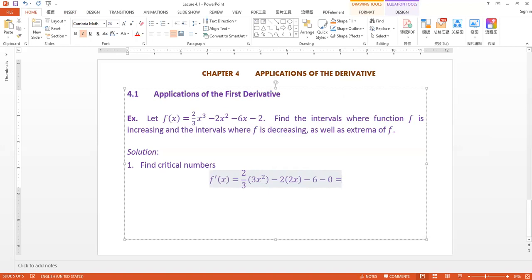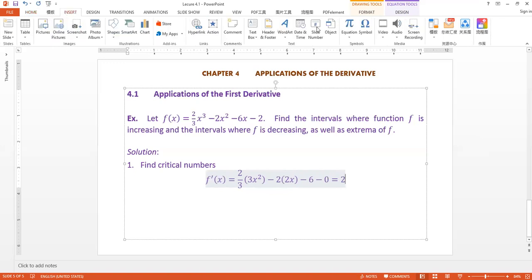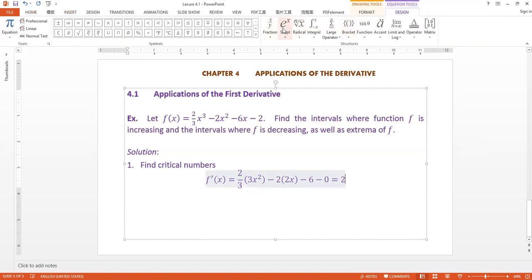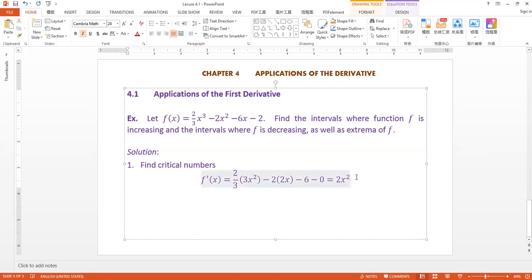Now if you simplify the terms, 2/3 times 3 is just 2. So the first term will be 2x squared. And the second term is just negative 4x, since 2 times 2 is 4. And then minus 6. That's the third term.